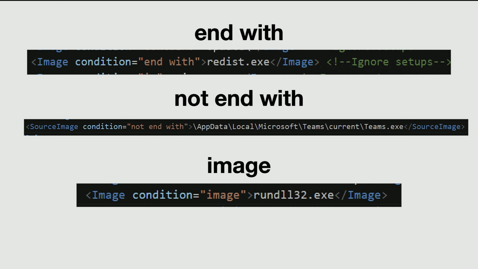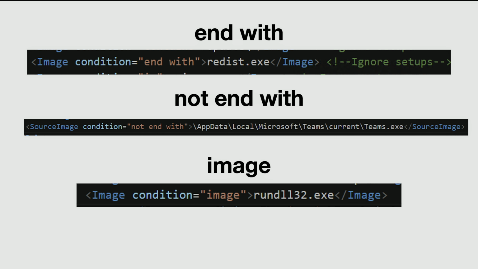Then I have ends with. So let's say I have a bunch of redistributable packages that are being applied, and I want to go like, hey, image condition ends with redis.exe. I want to ignore those, so I'm going to put this in my exclude. So I'm not logging a bunch of data every time that we have a patch Tuesday or we have an update cycle that is going to fill up my logs in my SIEM and cost me money.